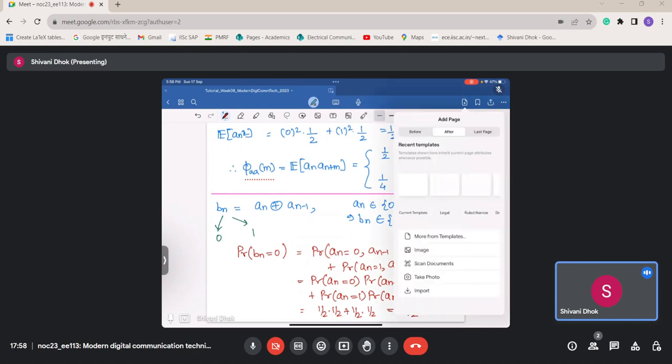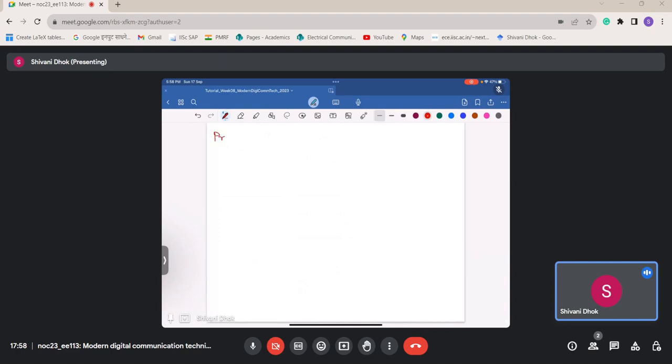Now similarly, probability that the sequence B_n equal to 1. So when will B_n, this XORing operation, be equal to 1? When a_n and a_{n-1} are not same. So that is equivalent to saying probability that a_n equal to 0 and a_{n-1} equal to 1, plus probability that a_n equal to 1 and a_{n-1} equal to 0.